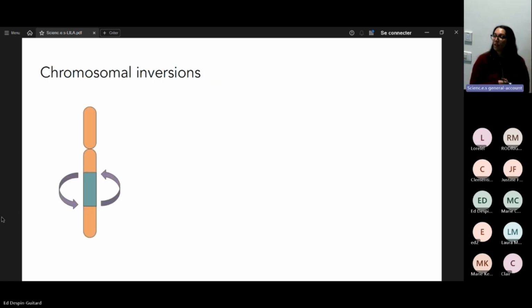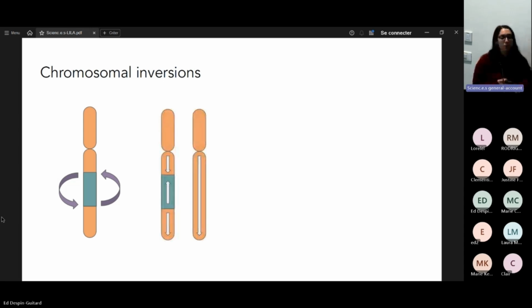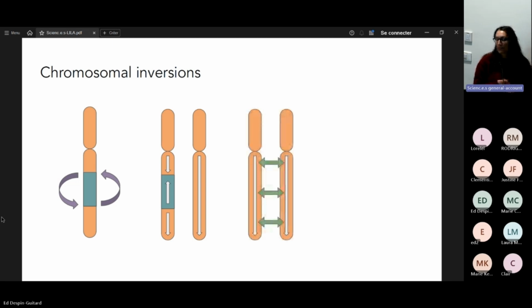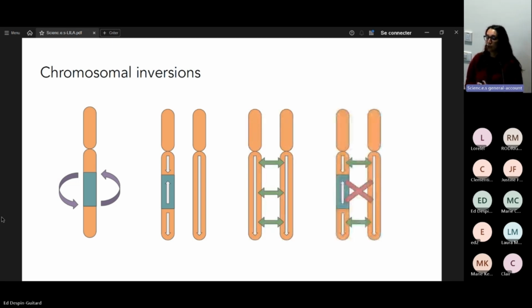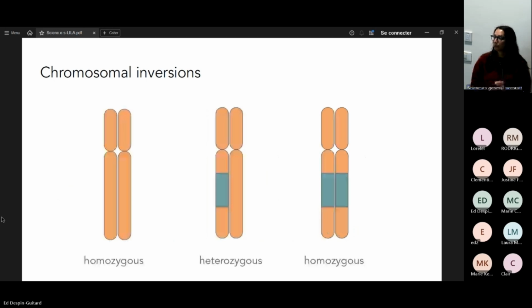Chromosomal inversions are sections of the chromosome that have inverted 180 degrees, and therefore the genetic sequence is no longer reading in the same direction. What this means is that recombination, or the exchange of genetic variants, can no longer occur at these inversion regions. And therefore, inversion regions may maintain different genetic variation patterns than the rest of the chromosome, even in the face of gene flow.